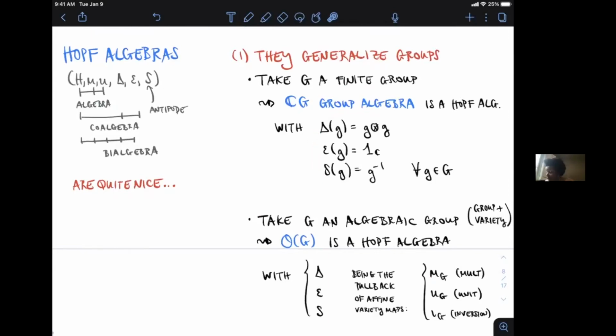Or if we take an algebraic group, which is a group and a variety at the same time, well, its coordinate algebra, we know what its algebra is. It also forms a Hopf algebra by taking the multiplication, the comultiplication, counit, and antipode maps to be the pullback of the structure maps of G here.